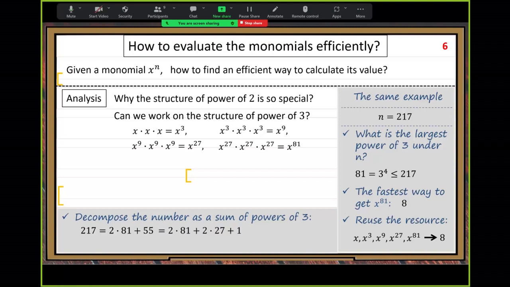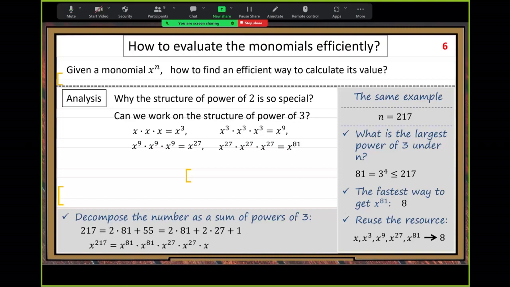Then another 2 times 27 plus 1. So that's our ternary representation. It's also a sum of powers of 3, because we can use coefficient 2.